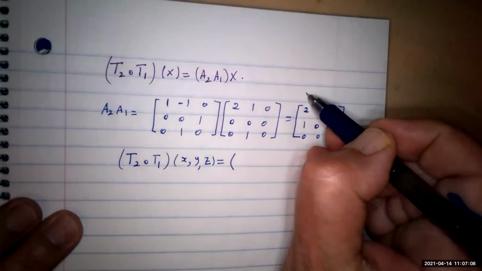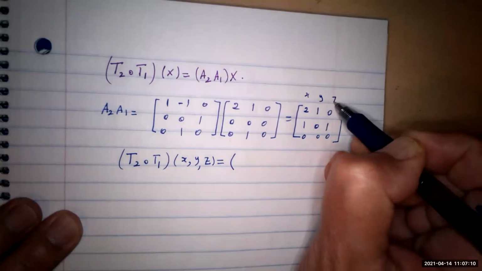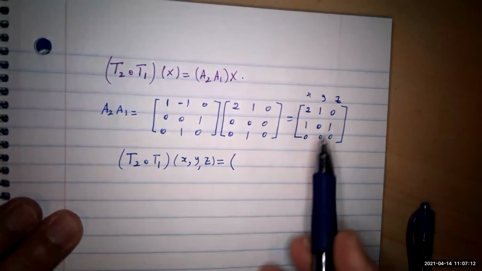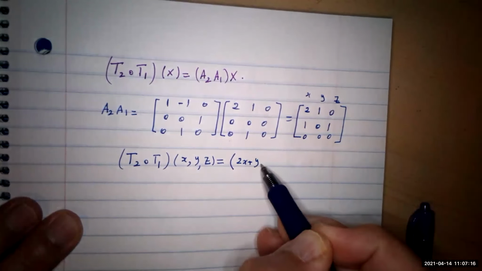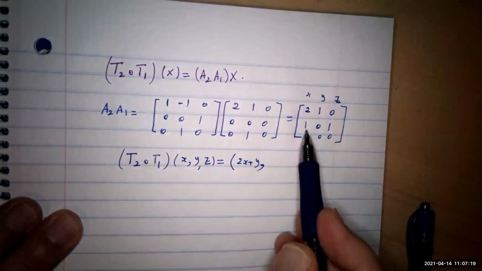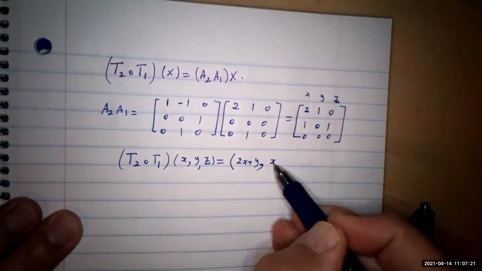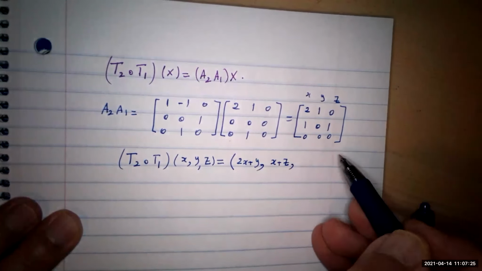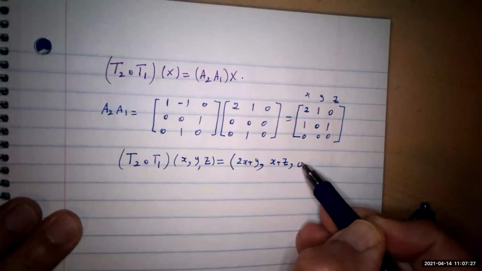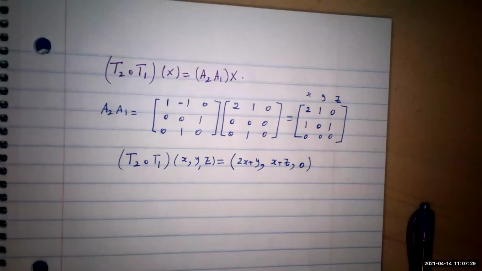Remember, this is x, this is y, and this is z. The first one would be 2x plus y. The second one would be x, with no y, plus z. And the last one is all 0.